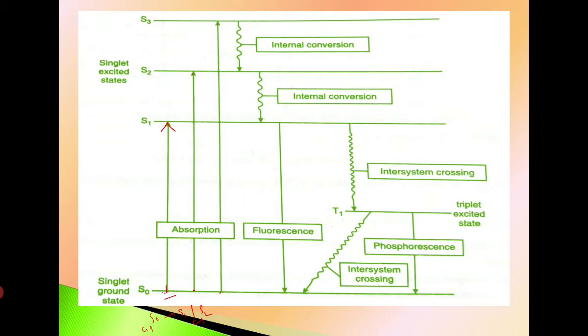That is, vibrational transitions take place from S3 to S2 or S2 to S1. These are termed internal conversions, that is within the excited singlet states only the electron is getting deactivated, from S3 to S2, S2 to S1.